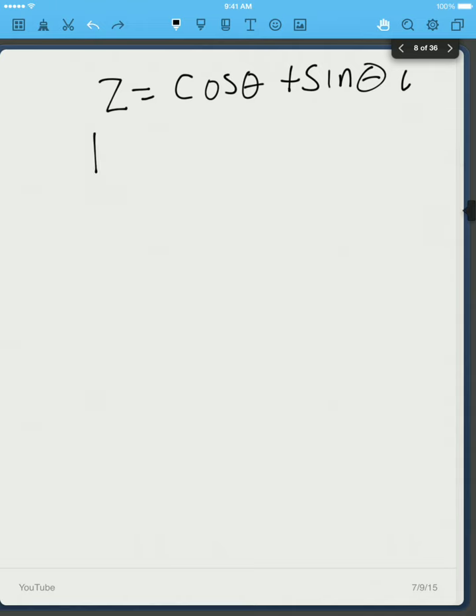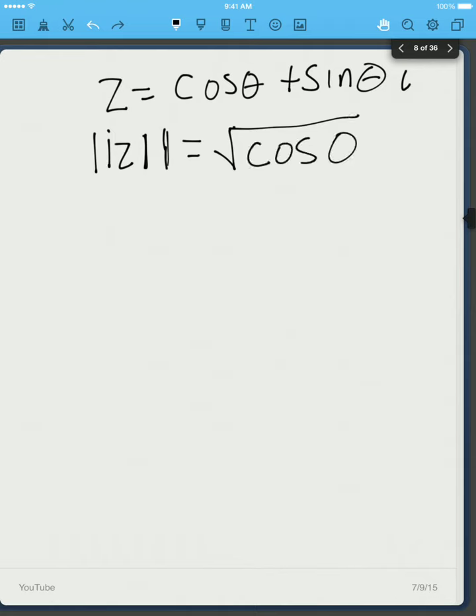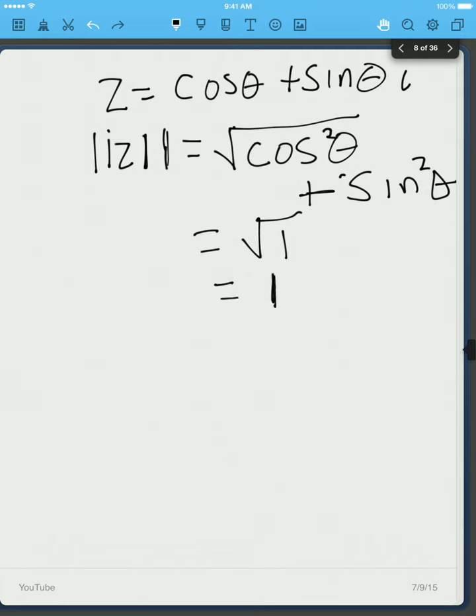If I look at the magnitude of this, then that's equal to the square root of cosine theta squared plus sine theta squared, which we know from the identity is just equal to the square root of 1, which is just equal to 1.